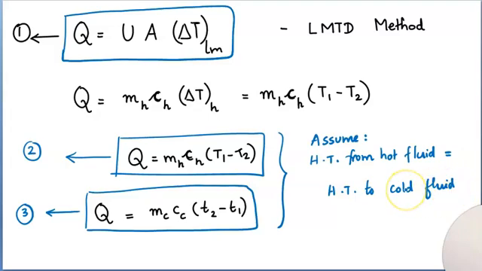I am assuming that the heat exchanger is well insulated, so there is no heat loss from the heat exchanger. Under these assumptions, we can assume that Q is the same. The heat transfer from the hot fluid is the same as the heat transfer to the cold fluid.